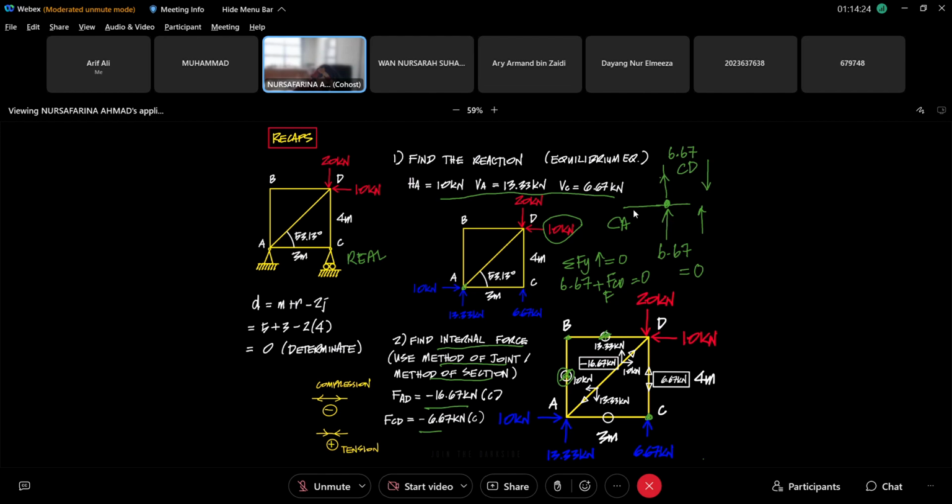So you akan dapat FCD negative 6.67. Okay? Basically, dia adalah sama, negative 6.67, sebab dia ke bawah. And that is a compression because dia ke joint. It's a compression.